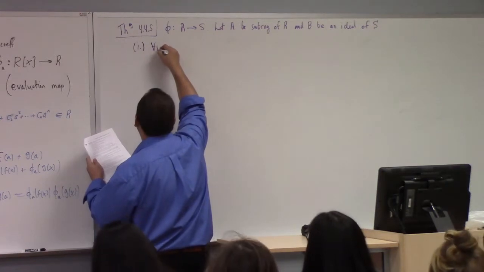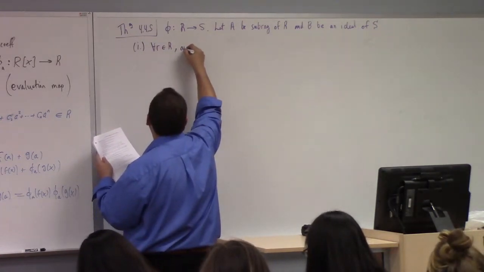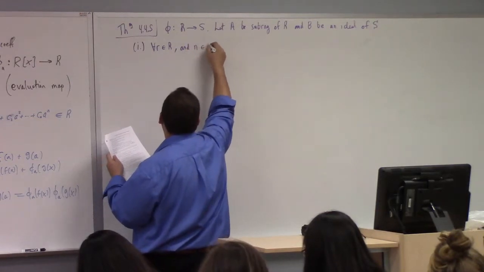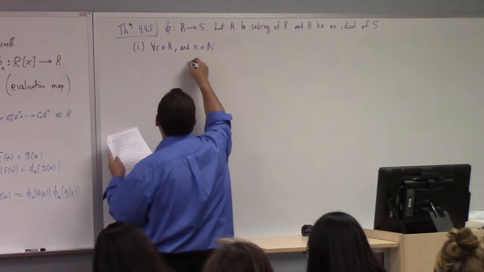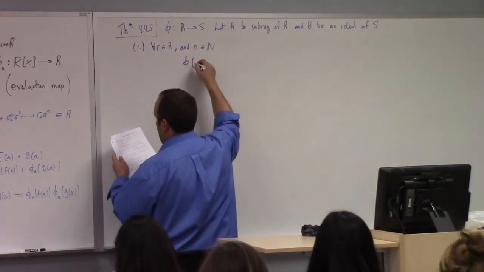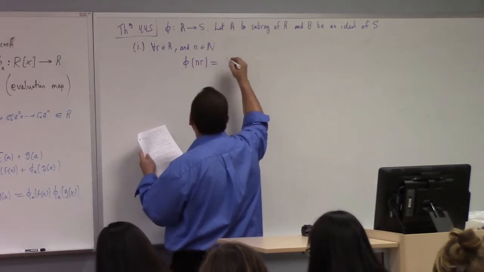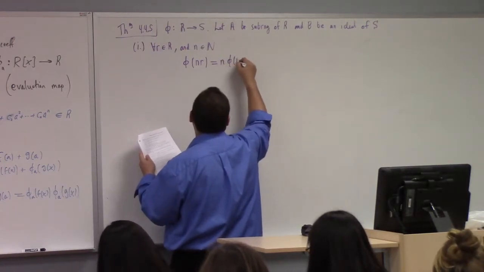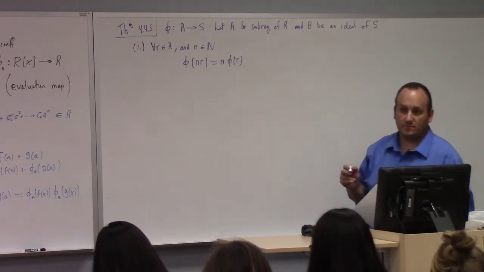First of all, for all r in R and n in the natural numbers, we have a couple things. We have that phi of n times r is equal to n times phi of r. So in other words, repeated addition we can pull out.